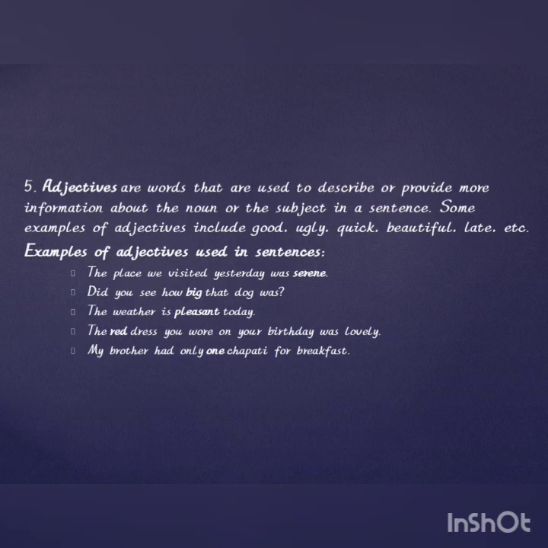Usually a sentence has two different parts: one is the subject part and the other is the predicate part. And the adjective gives us information, or tells about the quality or quantity of the subject portion of a sentence, which is usually a noun or a pronoun.